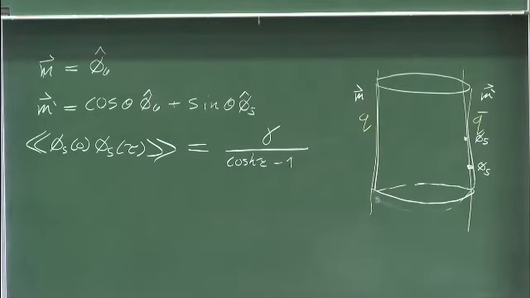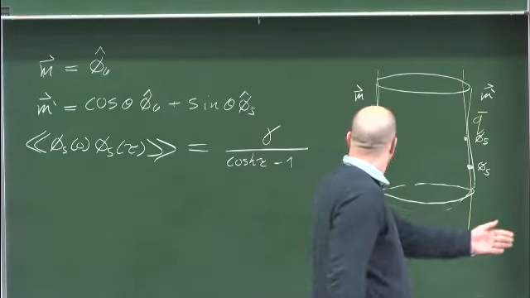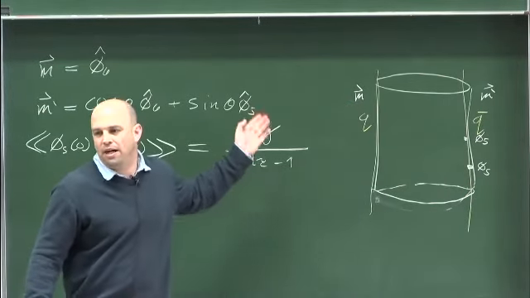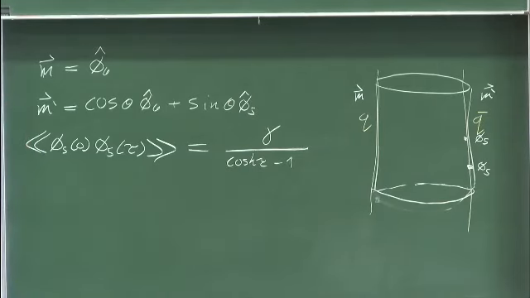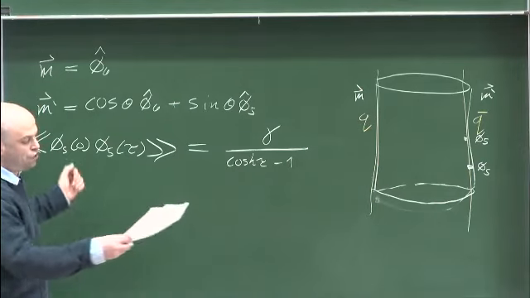You can think about it as the propagator on this cylinder. And h is just equal to gamma up to some numerical factor that comes from the integration over tau. So this is what this function h means.